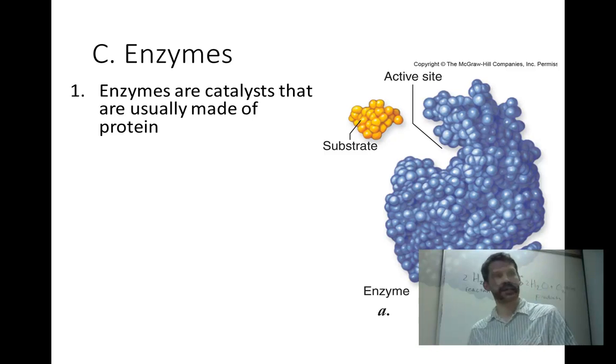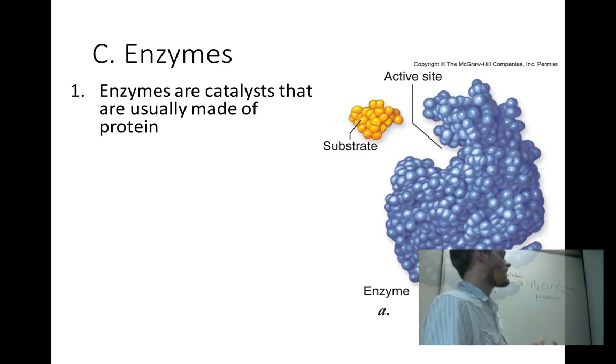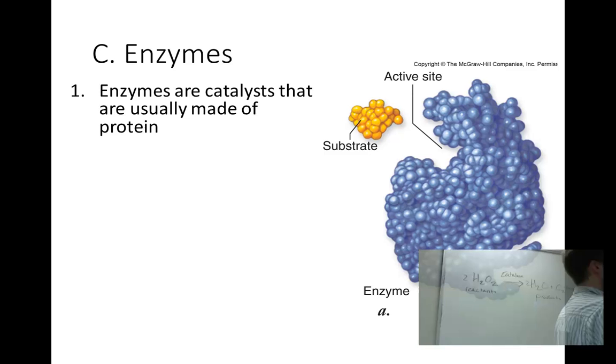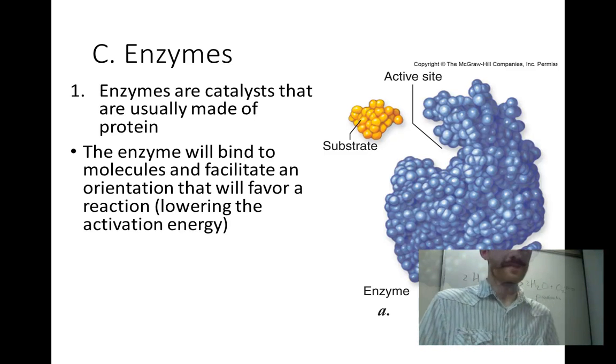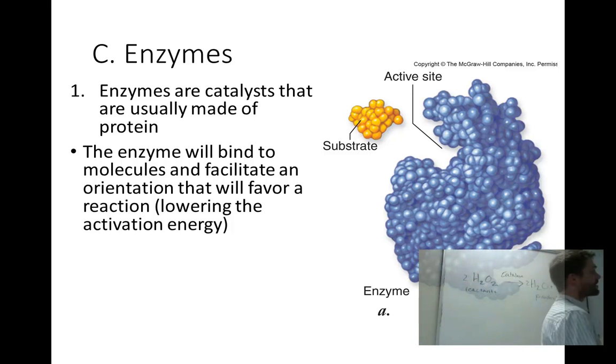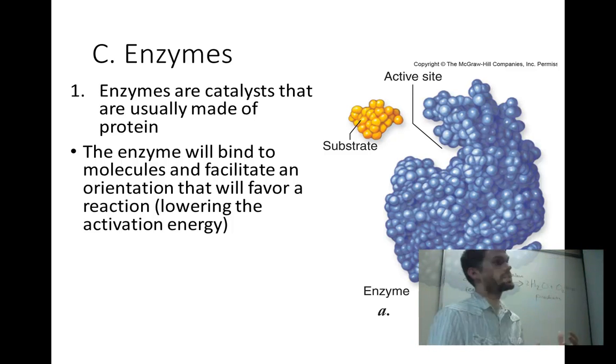So enzymes are catalysts. So if an enzyme is a catalyst, what does it do to the activation energy of a reaction? Yeah, it speeds up the reaction, it lowers the activation energy. And it does this by binding to a molecule and somehow changing the shape so it's in a favorable position for a reaction.